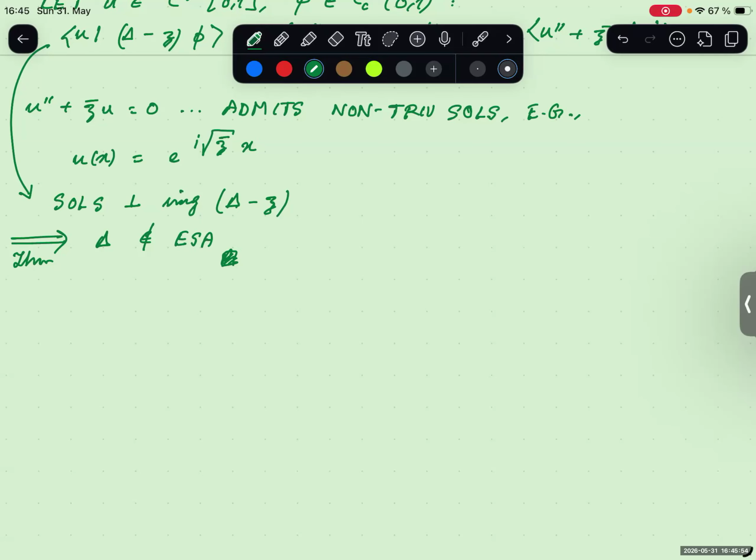Otherwise, we will go to the next section. Who is lost? Feel free to give me a text or raise your hand.